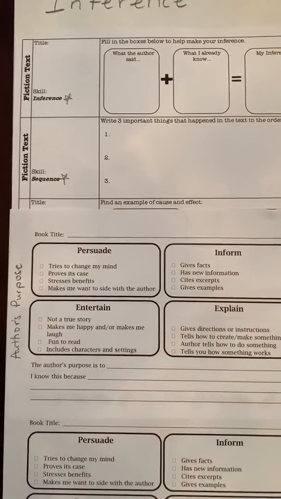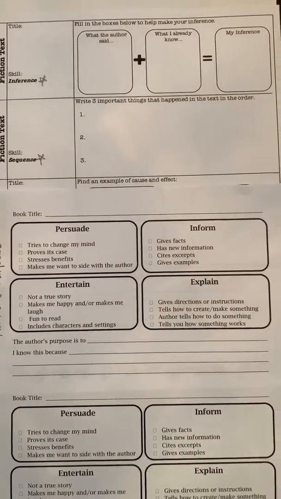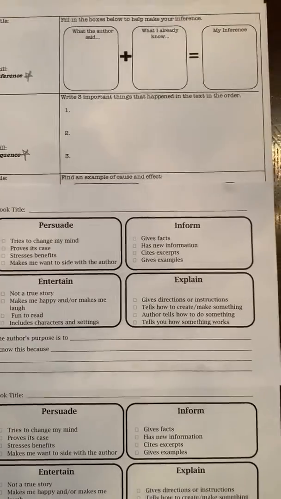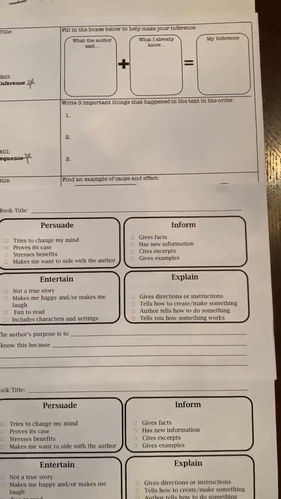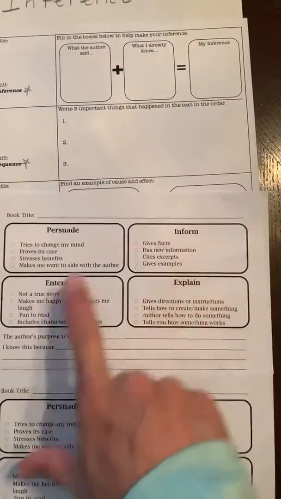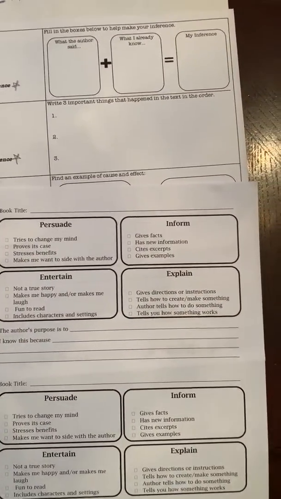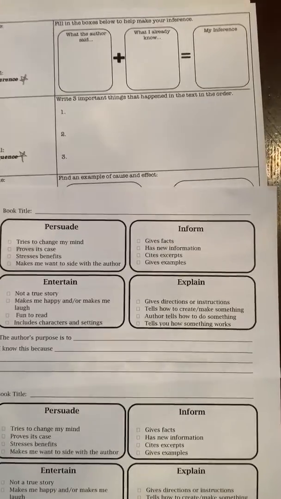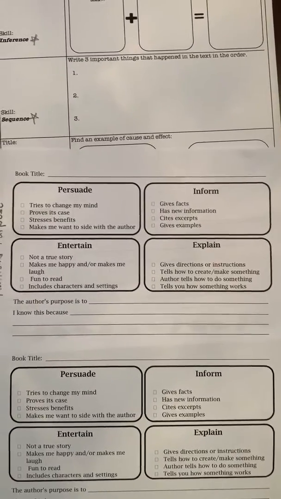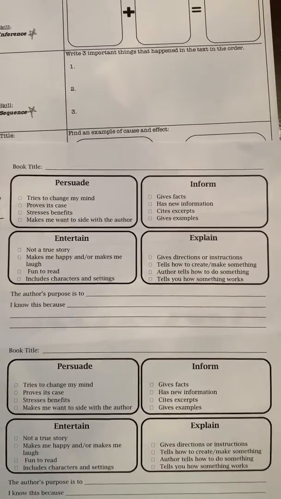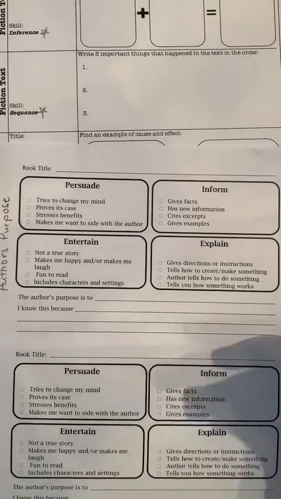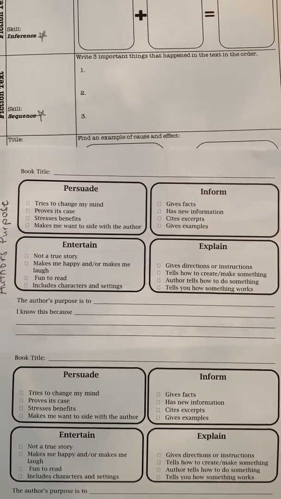Remember, there are 4 purposes that an author has for writing. We use the word PIE with 2 E's, P-I-E-E, to remember the 4 purposes an author has for writing. We talked a lot about persuade, trying to get somebody else to agree with you or change their mind.